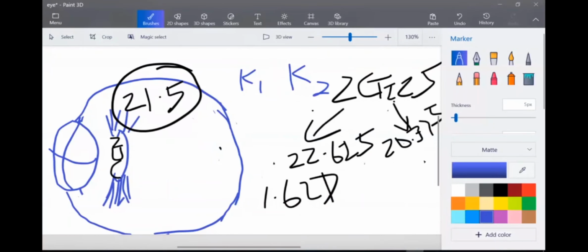If I draw the line just a little bit this side, slightly myopic is the midpoint, because it's a 21.5 diopter lens.